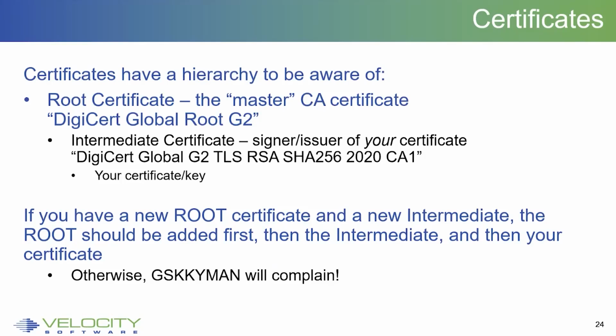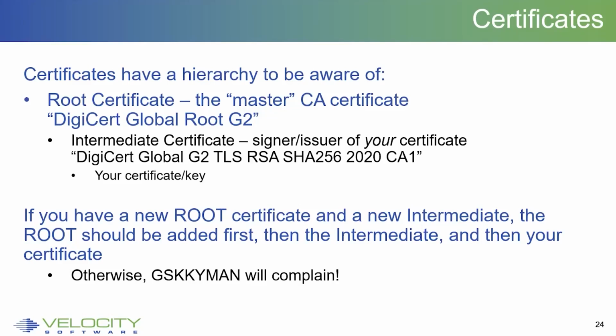So in this example, DigiCert Global Root G2 defines the root or master certificate. The DigiCert Global G2 TLS, et cetera, is an intermediate certificate that issued your certificate. And then your certificate is last in that hierarchy.